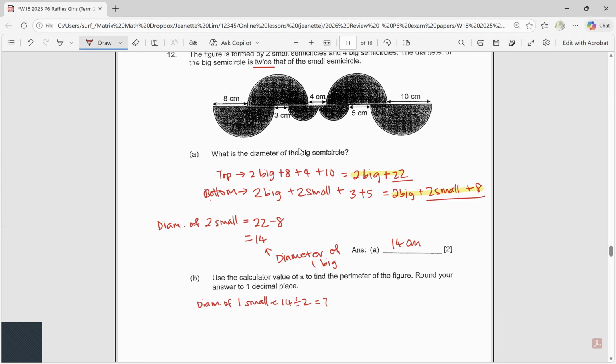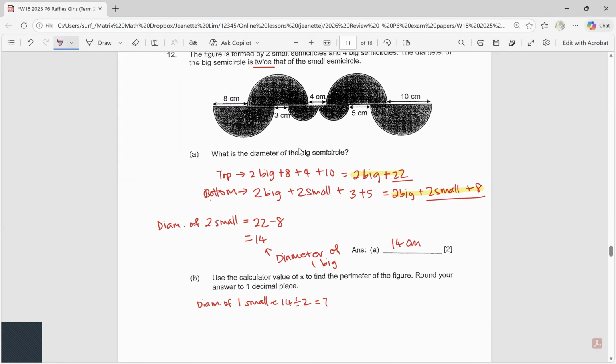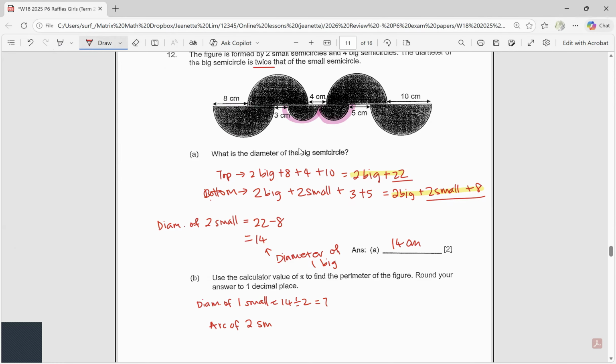Then if you want to find the arcs of the two small semicircles, which is here and here, the arc of two small semicircles.